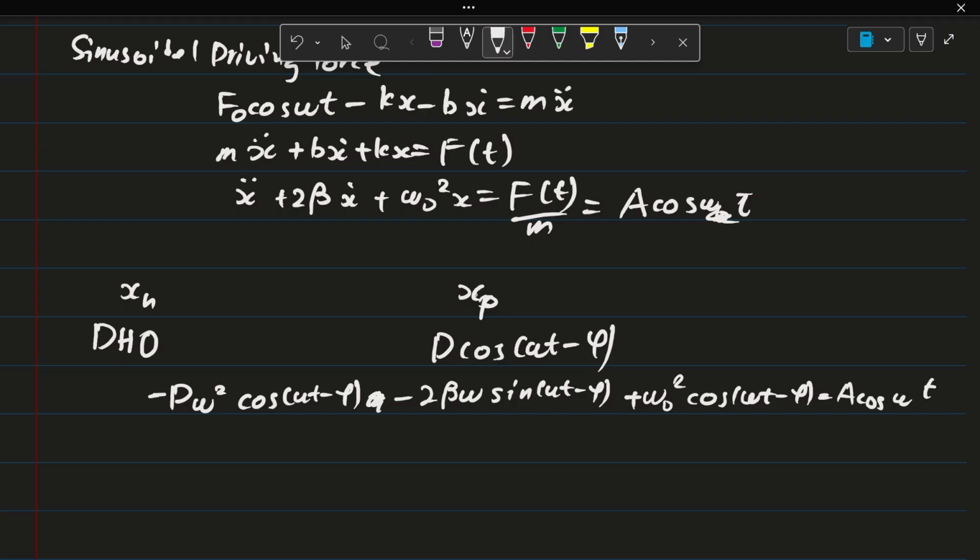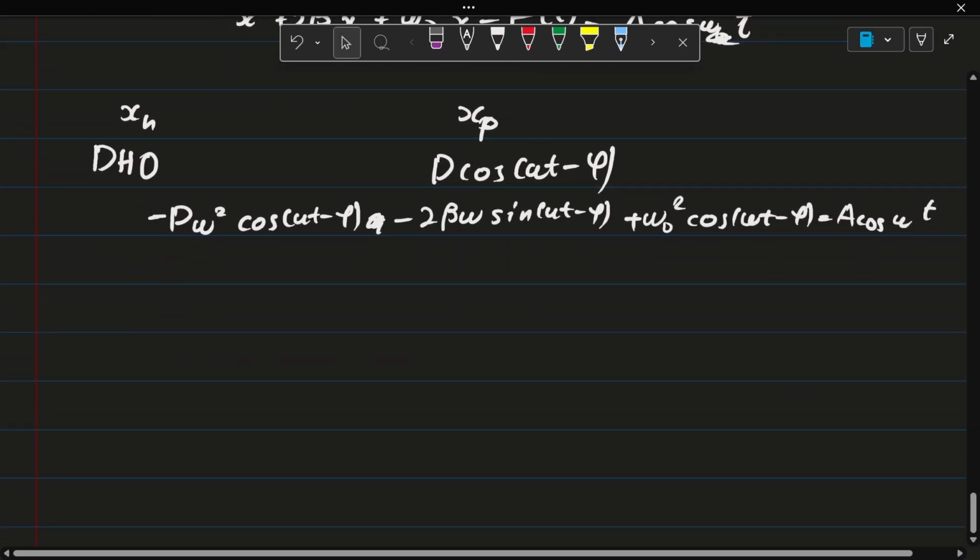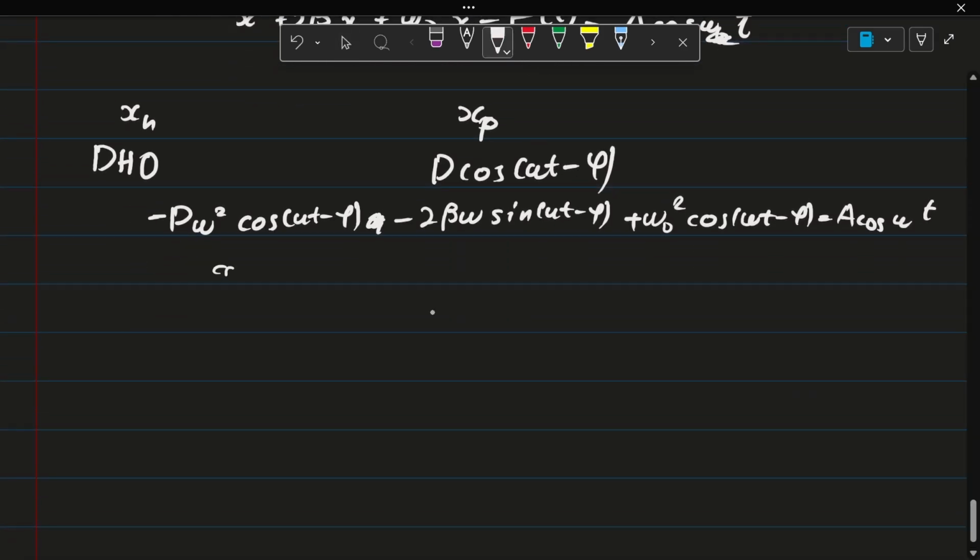I will skip most of the mathematics, but if you use the properties of cosine of a minus b as well as sine of a minus b, you could just split it into sine a, sine b, cosine a, cosine b terms.